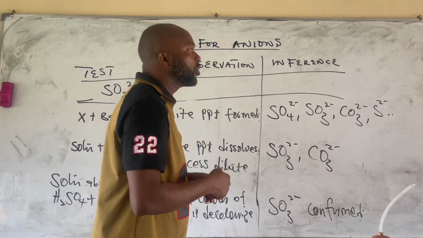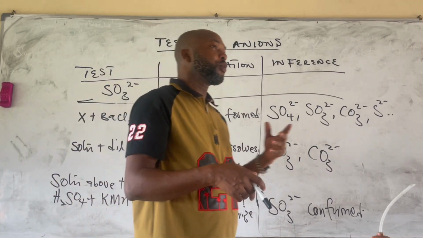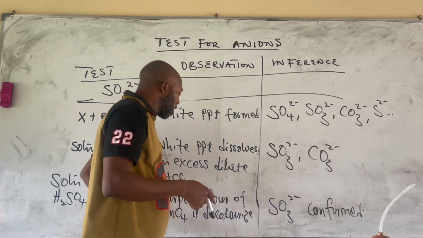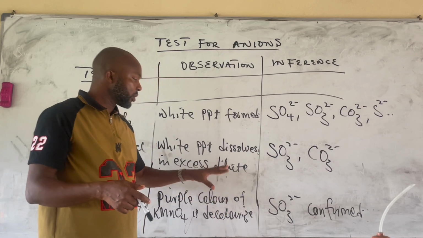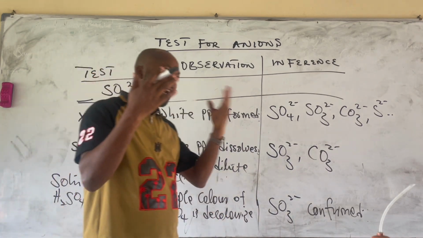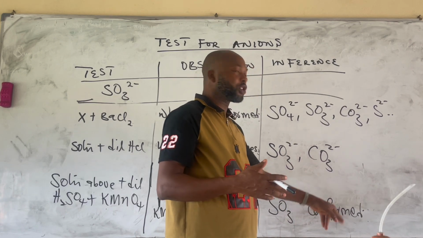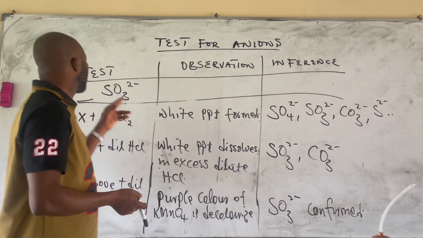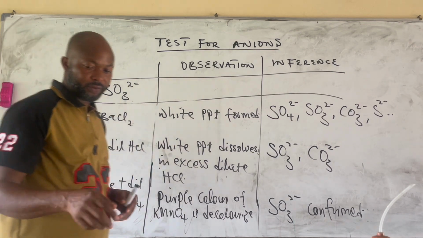Then we use dilute tetraoxosulfate acid with KMnO4. Now, when we did that, the purple color of the KMnO4 becomes decolorized. When that happens, our mind now goes that it is SO3 2 minus confirmed. So that is the test for SO3, trioxosulfate 4 ion.